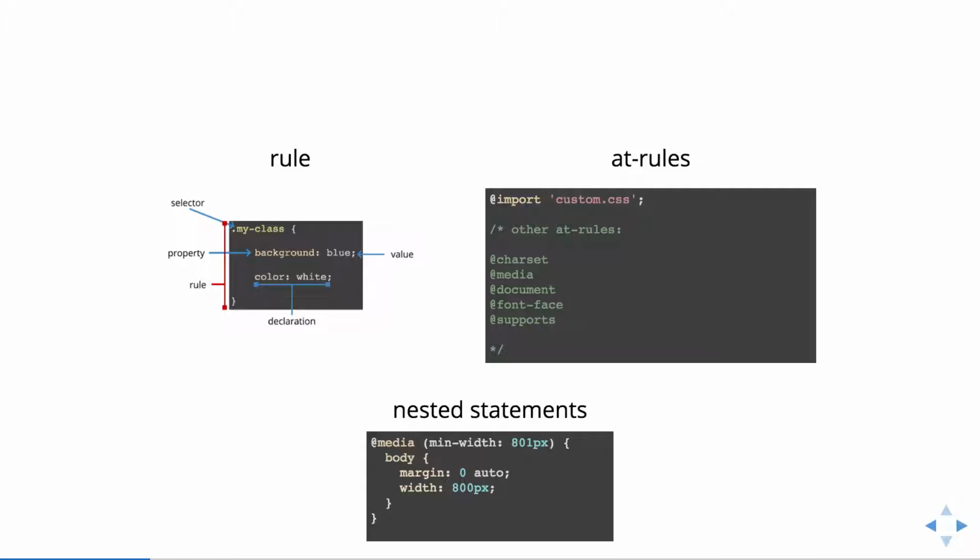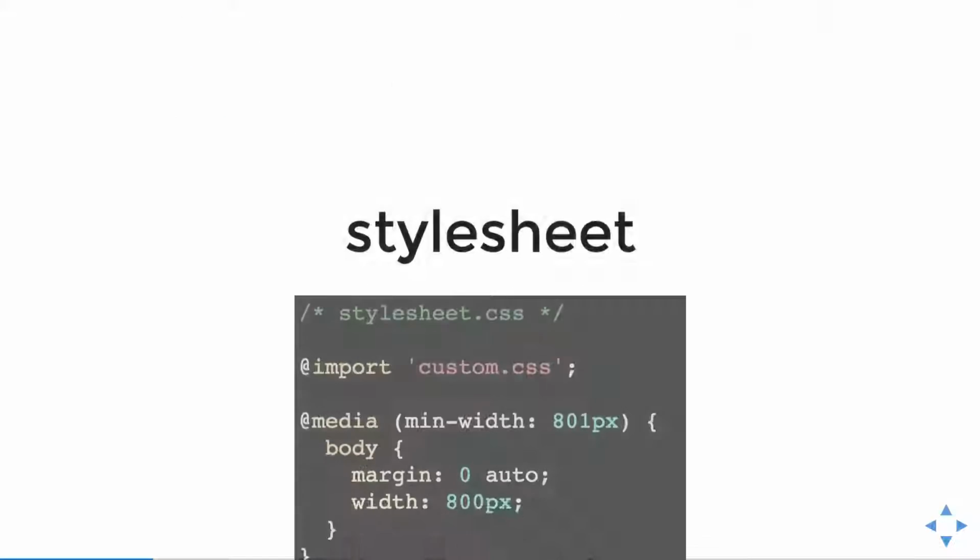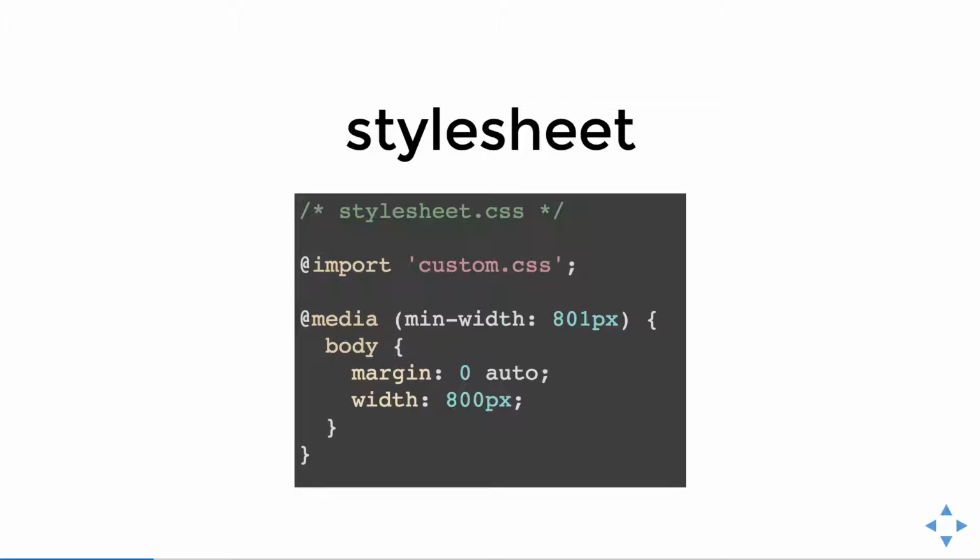All three of these are examples of statements. So we have selectors, properties, values, declarations, rules, at-rules, and statements. All of those combined into a single file that you save as a CSS file. That whole thing is your style sheet. So those are the fundamental vocabulary terms here. Anyone have any questions, comments about that?